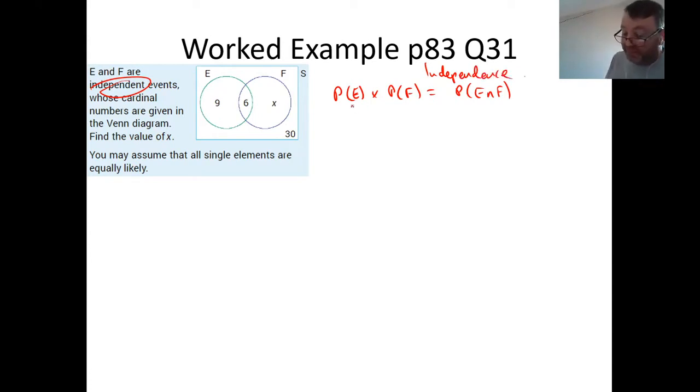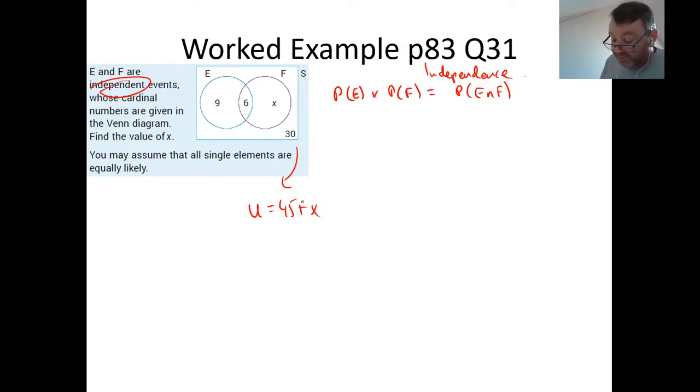Now, P of E. Well, what's P of E? Let's take a look and see. What's the total in the whole universal set? Well, first of all, the universal set is 9 and 6, which is 15, and 30, which is 45, and x. So we write this down as 45 plus x.